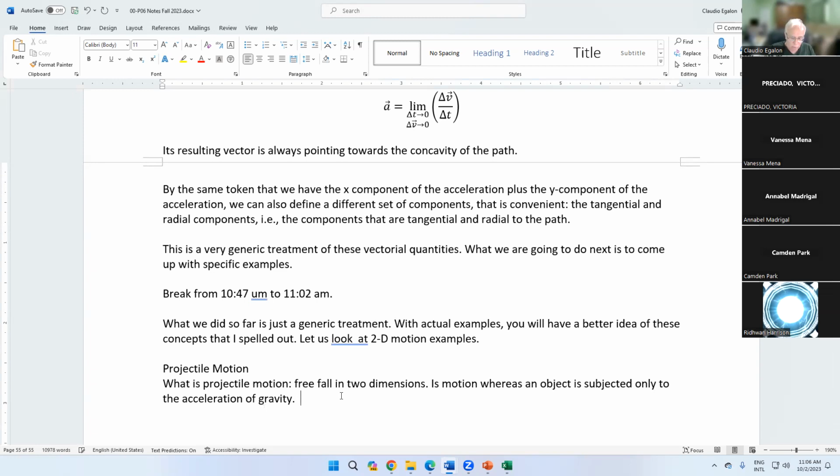In other words, it is 2D motion with acceleration equal to 10 meters per second squared along the vertical direction.